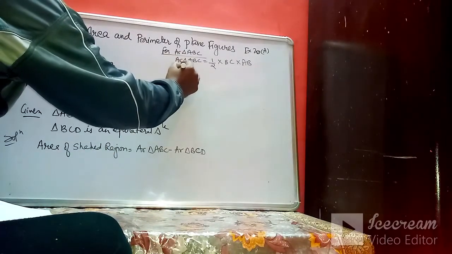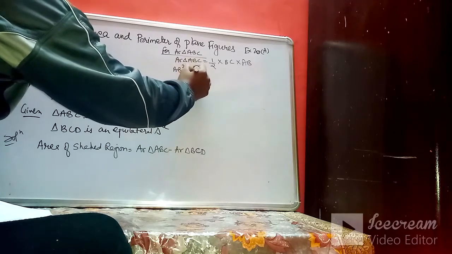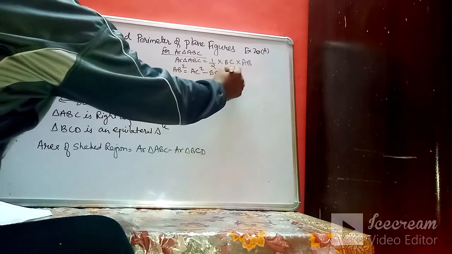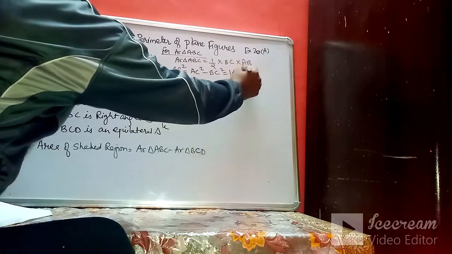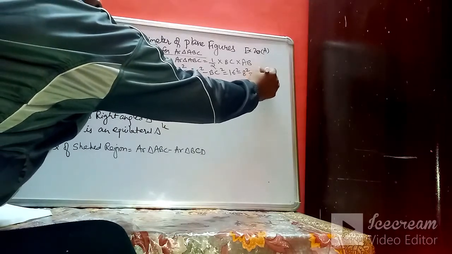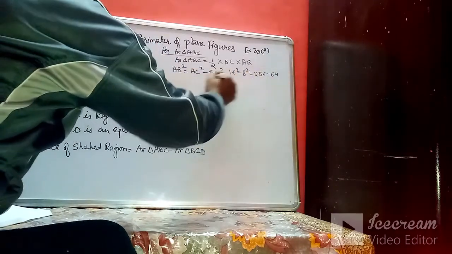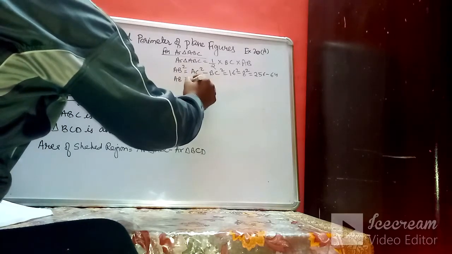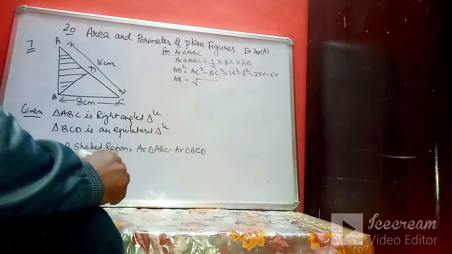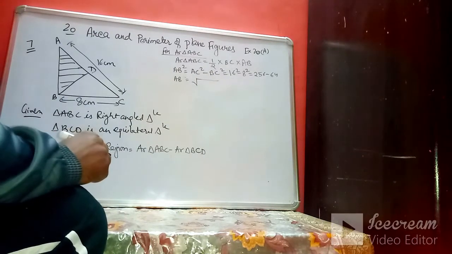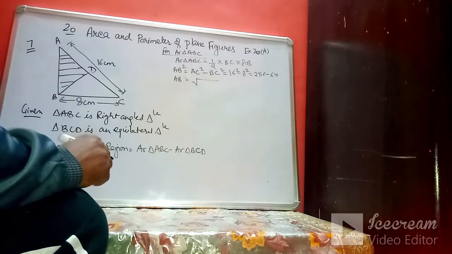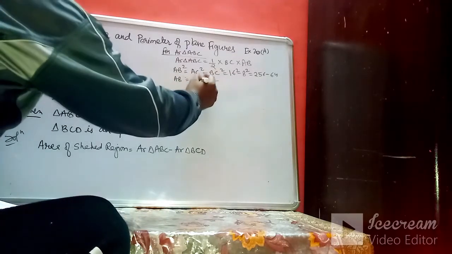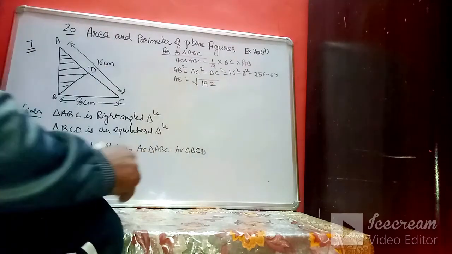So AB square will be equal to AC square minus BC square, that is 256 minus 64. So AB square will be 192.